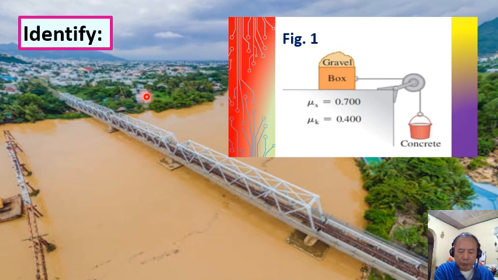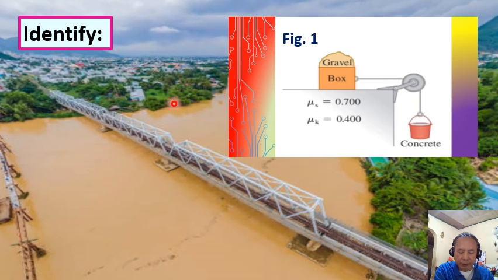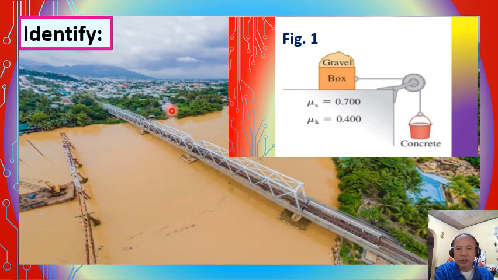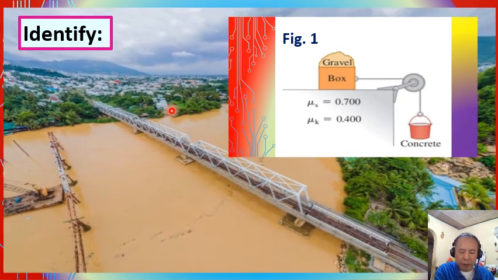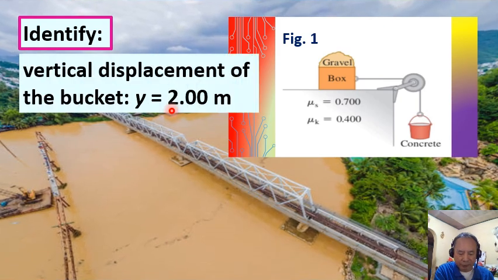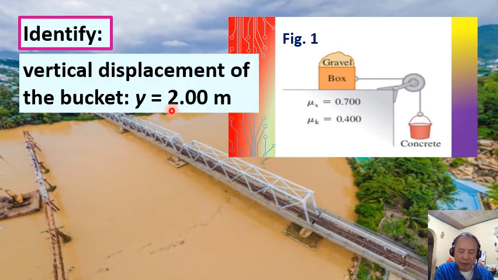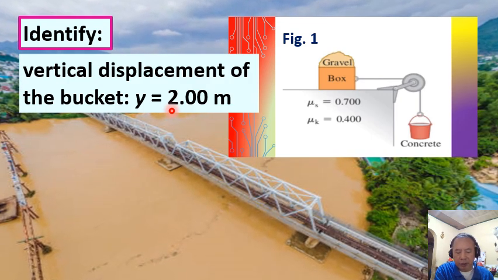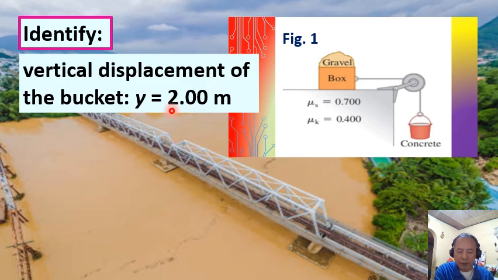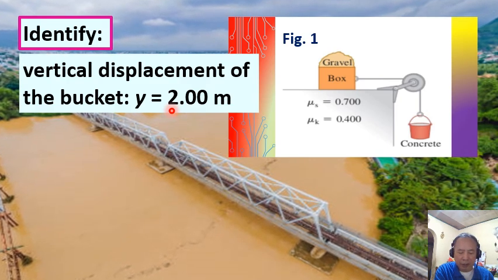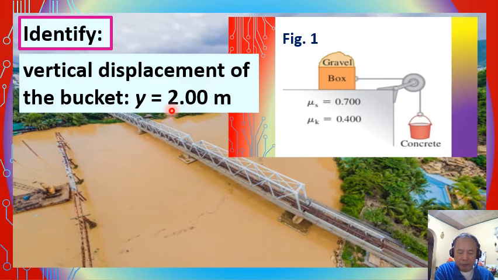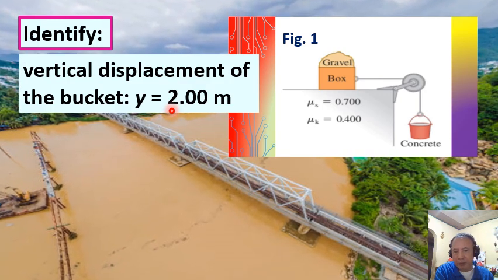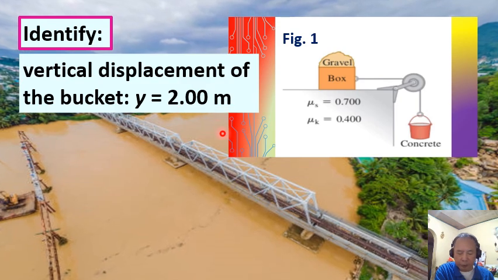So when the worker picks up the bag of gravel, the bucket descends 2.00 meters from rest. Of course, the box is also dragged to the right, but here we have to assume that there is enough horizontal space on the roof such that the box doesn't hit the pulley within the given displacement y equals 2.00 meters.